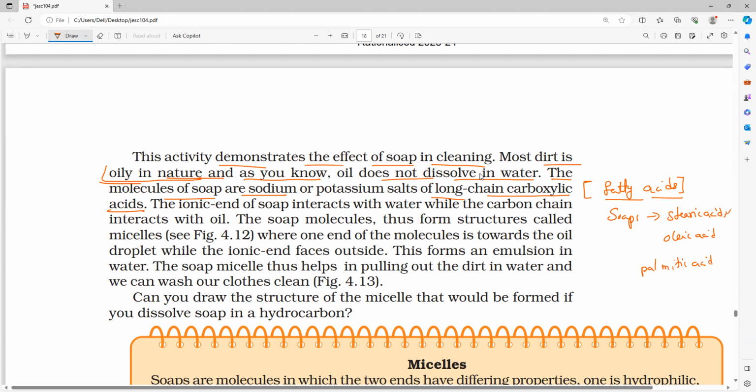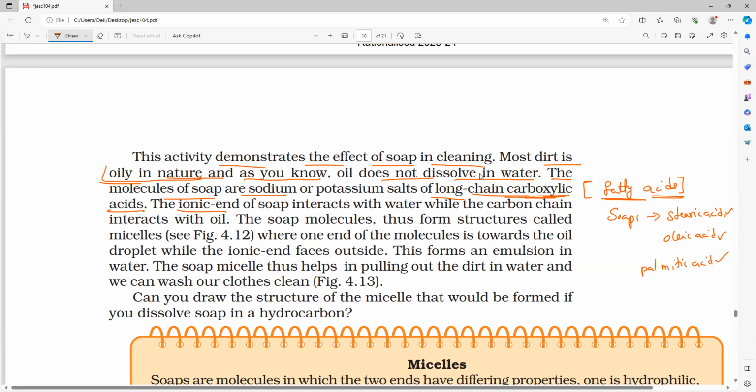These are the long chain carboxylic acids or fatty acids which we use to manufacture the soaps. The ionic end and all, I will discuss with you.